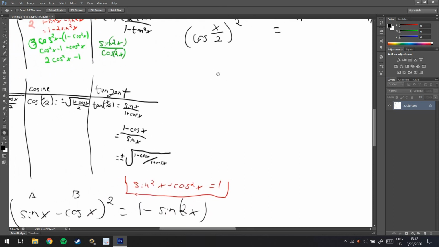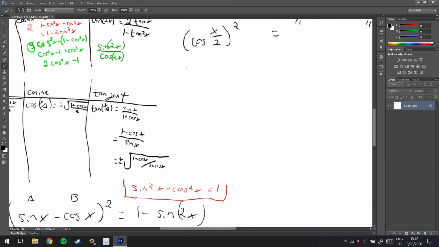So plus or minus the square root of 1 plus cosine x over 2, all squared.